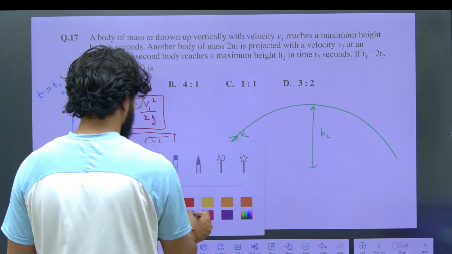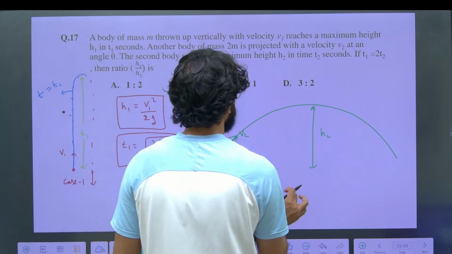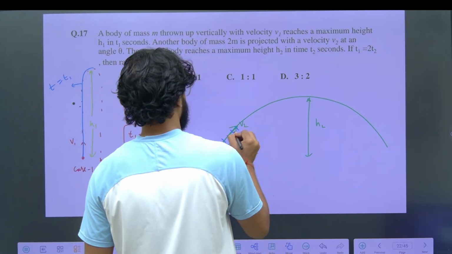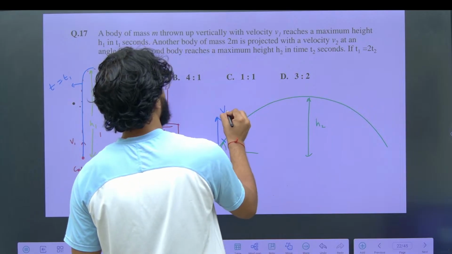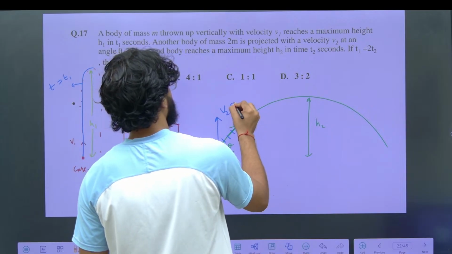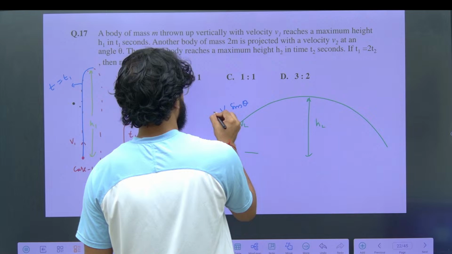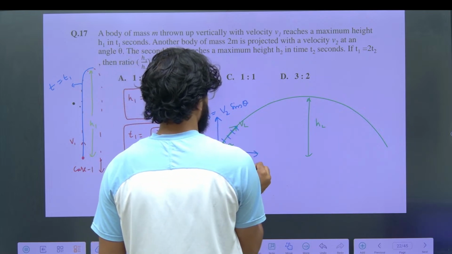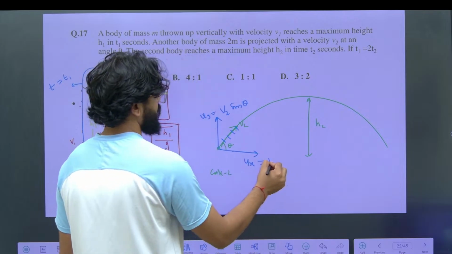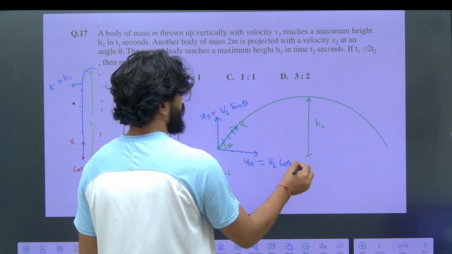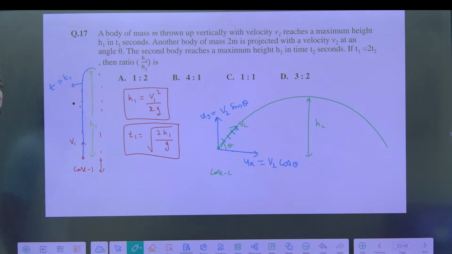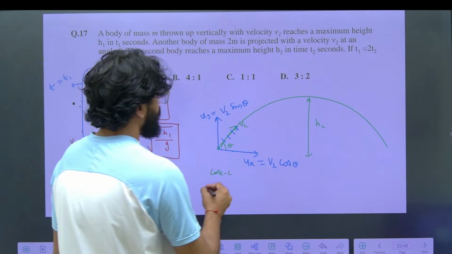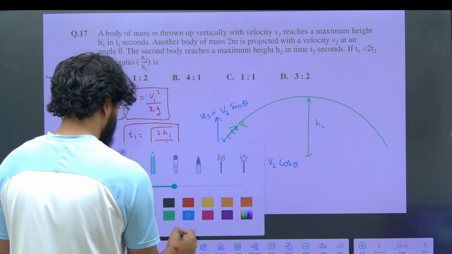So let's also calculate h2. It will be v2 sine theta, that is uy, and ux will be v2 cos theta, correct? Okay.